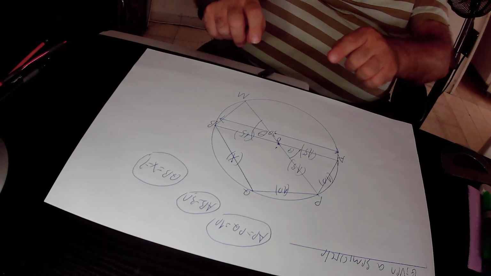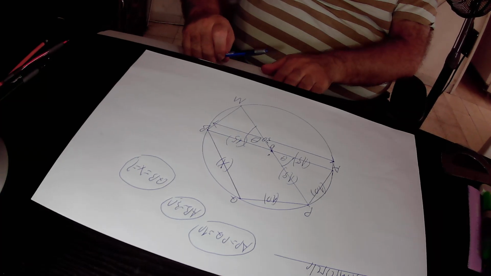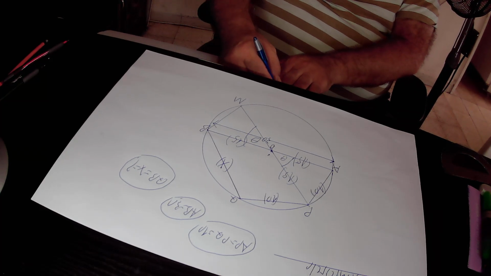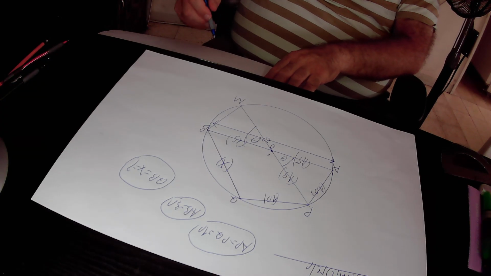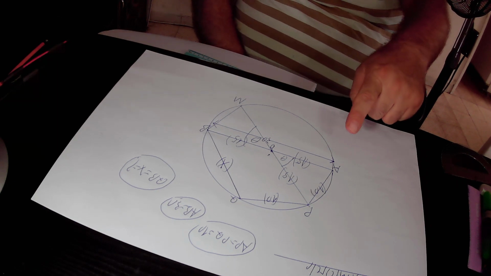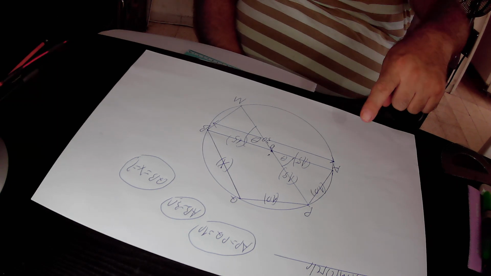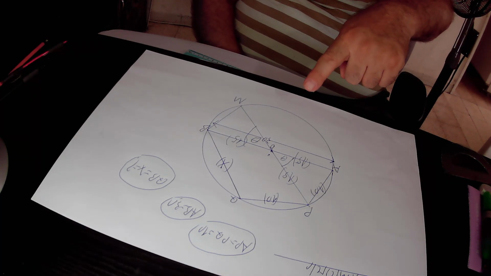Why are those two triangles congruent? First of all, side PO of triangle AOP is equal to side OM of triangle OMB.